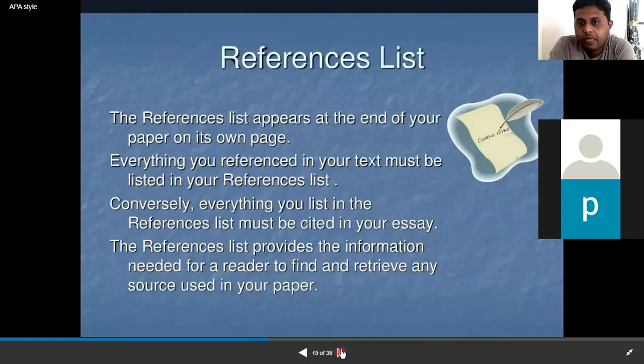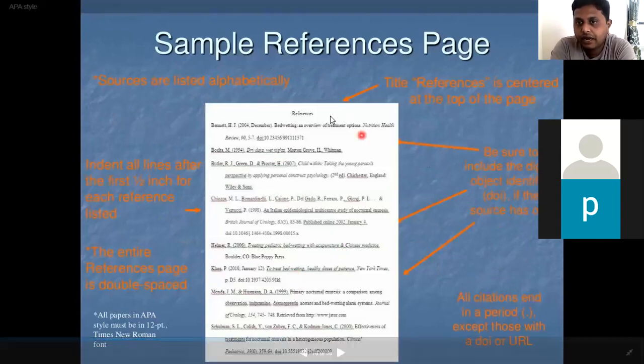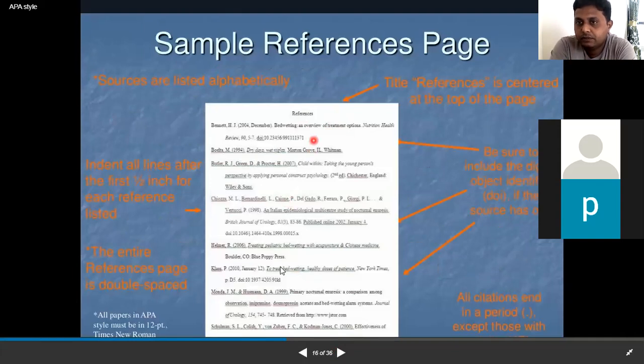Skip it. As I told you that the references list, instead of using the word cited, okay, there is the word that is references. In this page, in the discussion of MLA citation style, we also had the discussion over such a page.